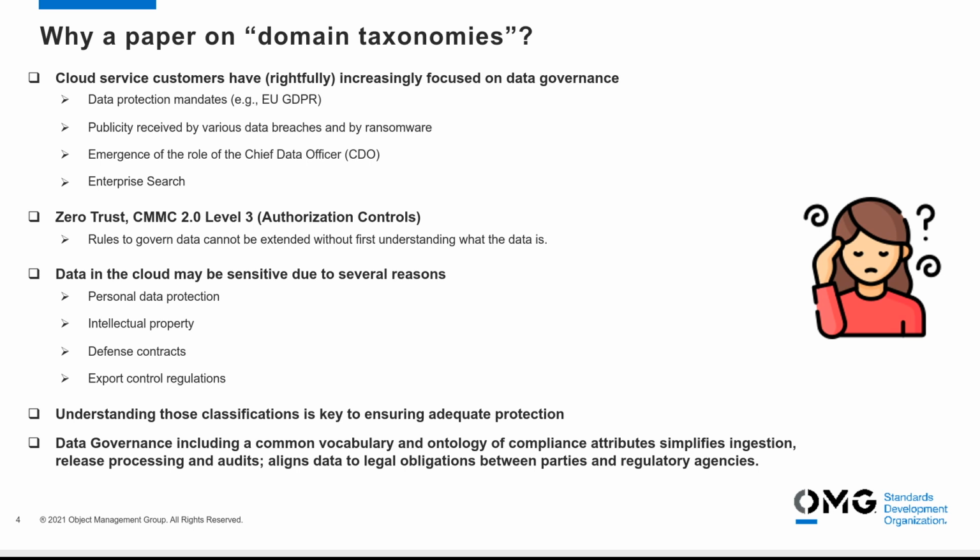These domains can be applied in some cases across a single information object for multiple requirements. So you may have a piece of data that's intellectual property and controlled unclassified information and trade controlled information.